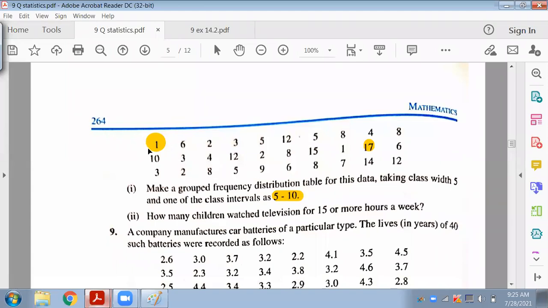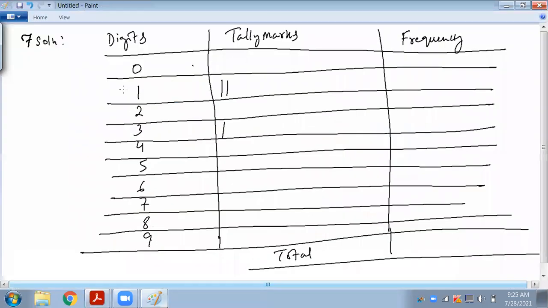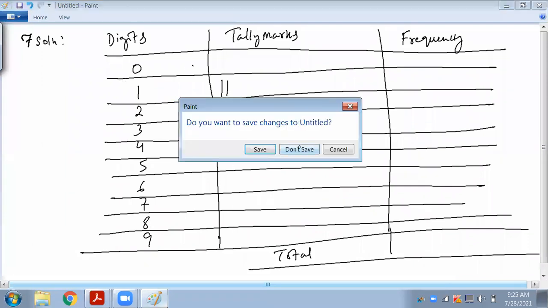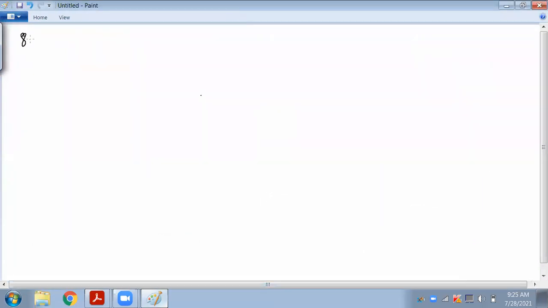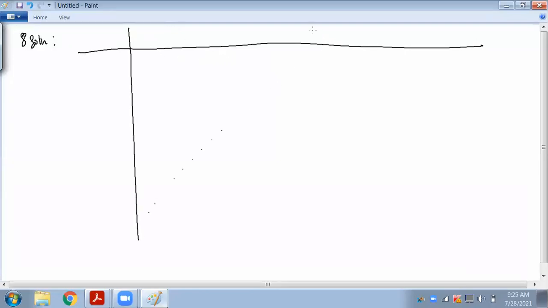But since the lowest value in the data is 1, we have to take the first class interval as 0 to 5. So the first class interval will depend on the lowest value, and the last class interval will depend on the highest value.